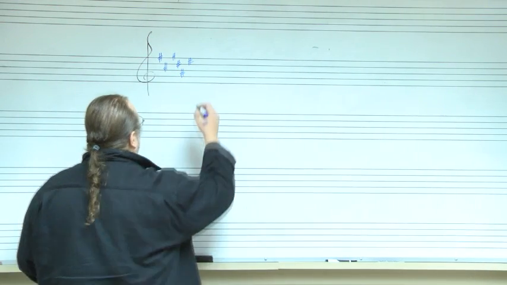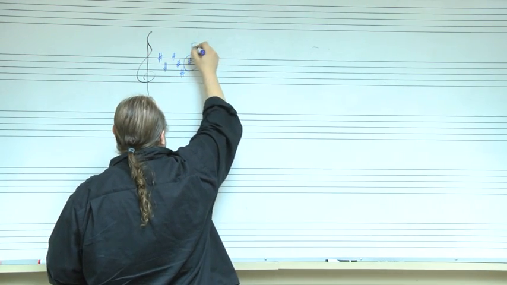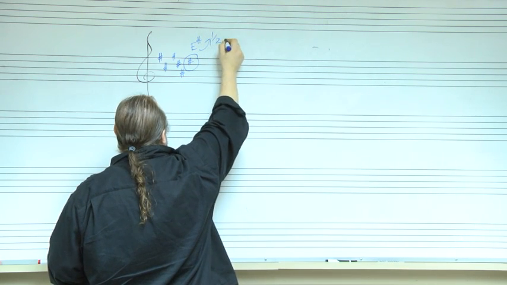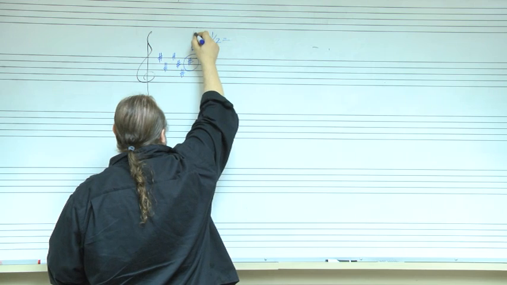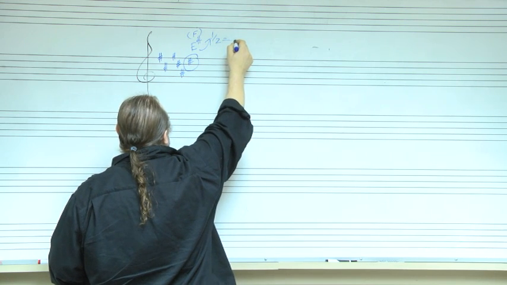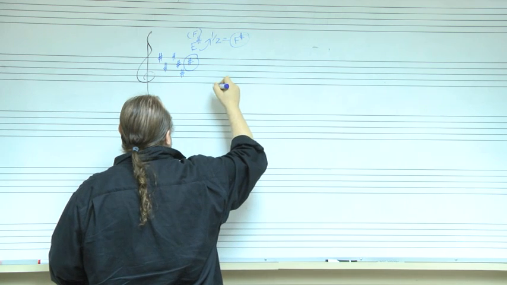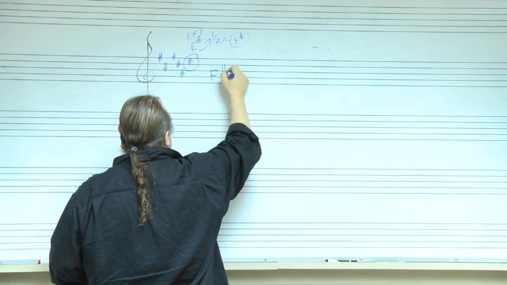Here's the last sharp, D sharp, which is E sharp, right? E sharp is F. Up a half step equals F sharp. So that's F sharp major.